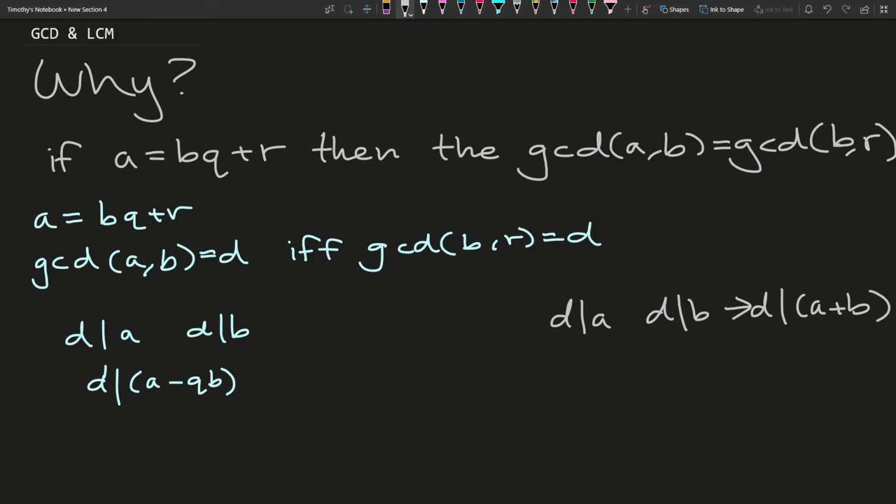And what we should also notice is that if D divides A, then D divides CA for some C.